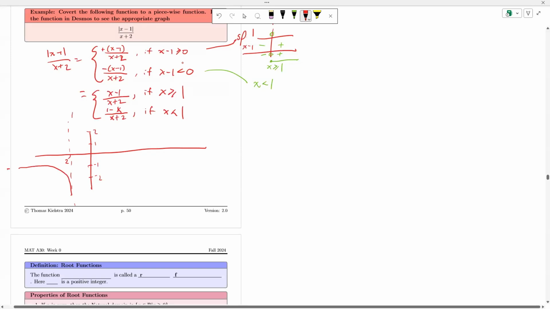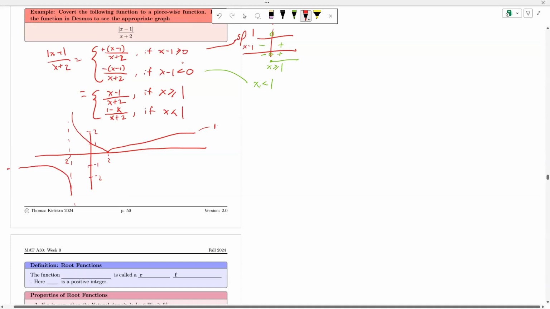We're going to have a root at 1. And then it's going to do this. And it'll have a horizontal asymptote here of 1.